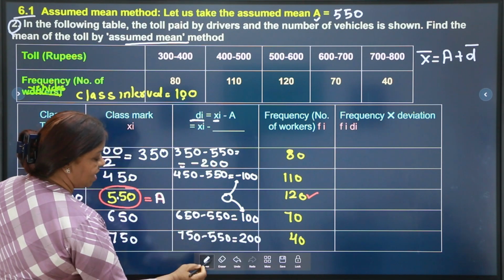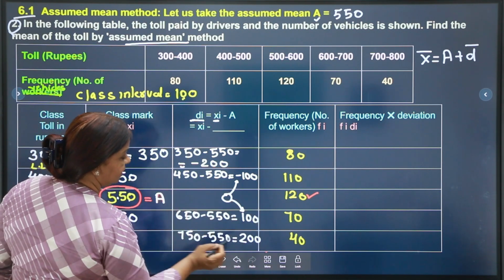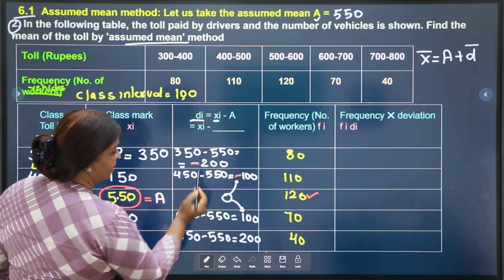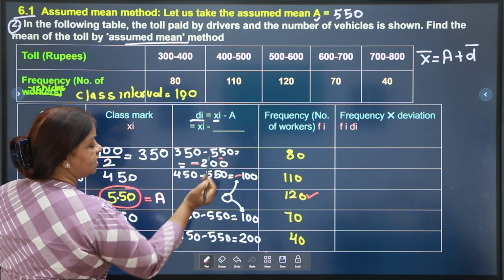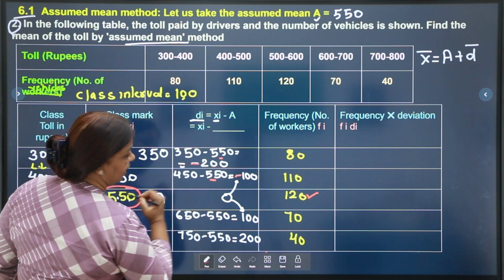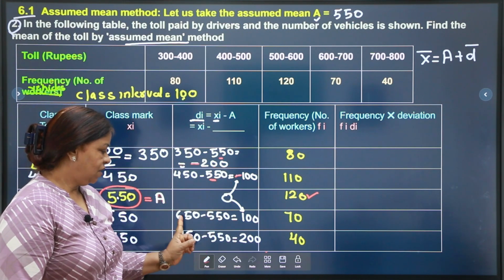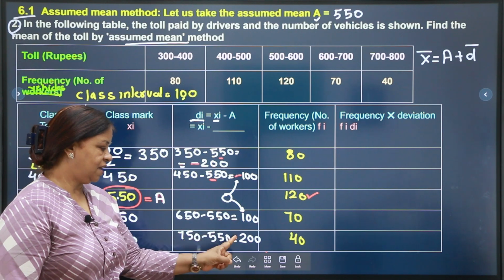See here why we have used minus, children, minus, and here minus: sign of the greater number. This is greater number, this is greater number, and therefore we used minus here. But here the sign of the greater number is plus, so plus and plus.